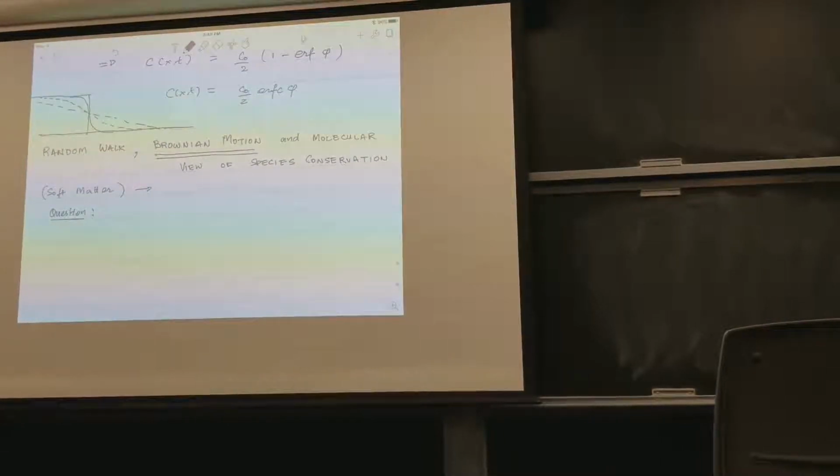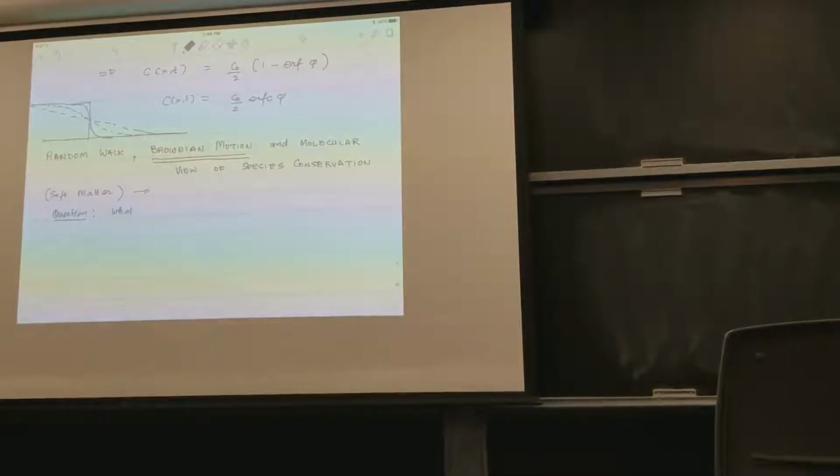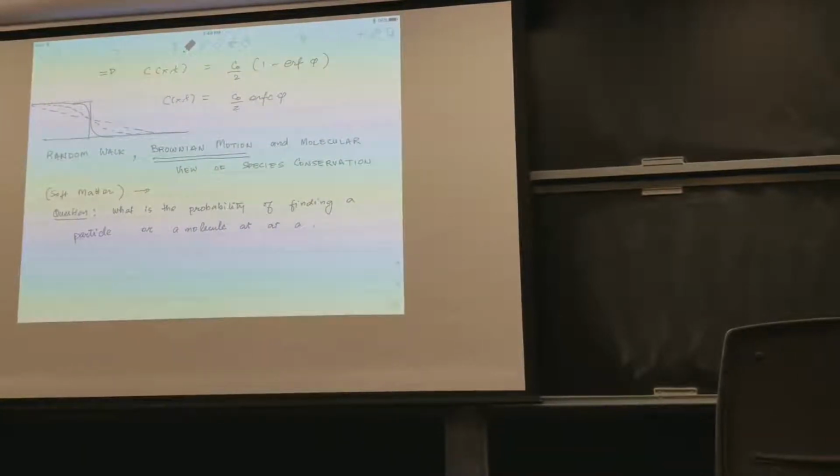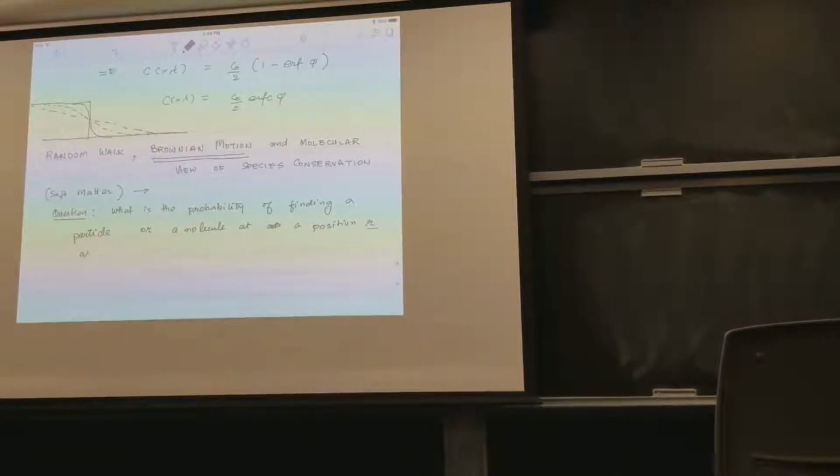One of the questions that we ask here is, what is the probability of finding a particle or a molecule at a position R after time t, if the molecule takes a random walk.